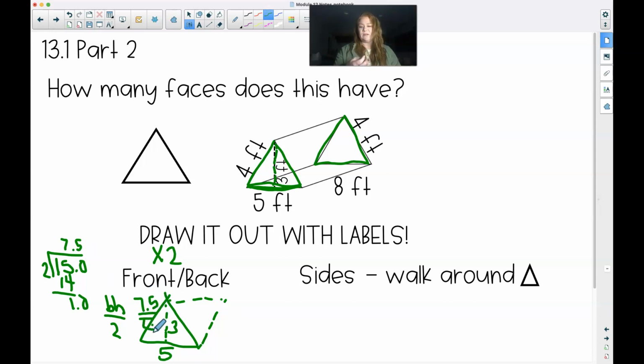That's the front. I also have the back. So this is 7.5. I just divided by 2, so if I flip it around and times it by 2, I'm going to be right back to where I was, which is 15.